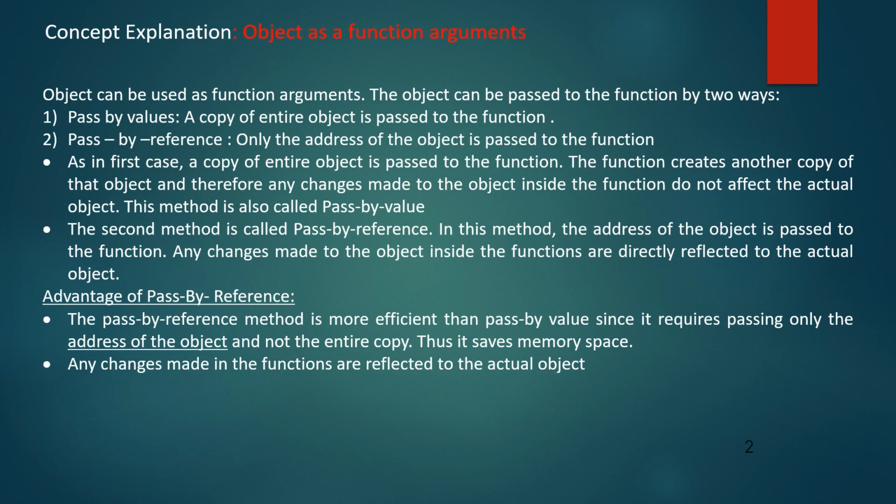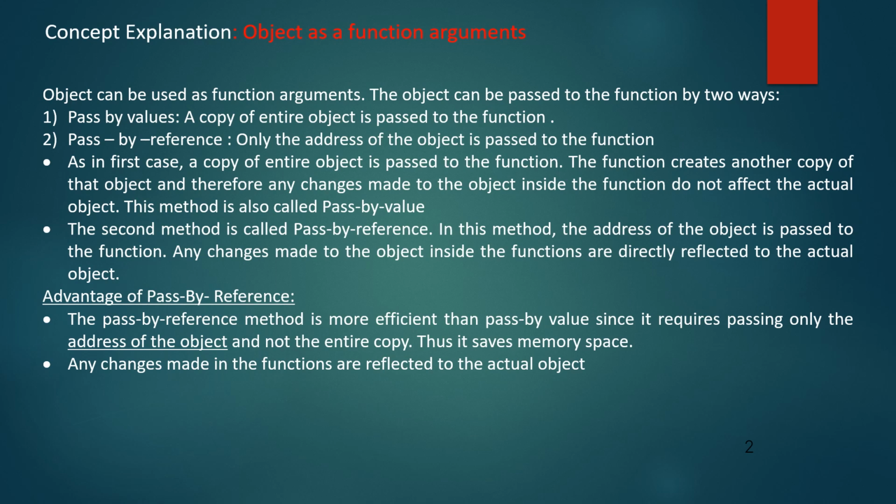Okay, now in the first, pass by value, the function will create another copy of that object, and whatever changes it makes are made to the created copy, not to the original object. And in the second, pass by reference, the address of the object is passed, and any changes made are directly reflected in the actual argument.